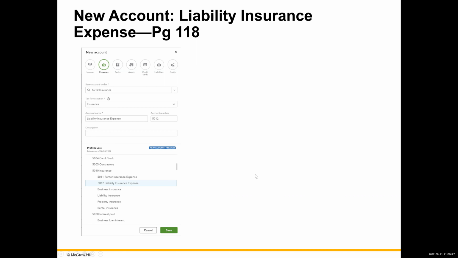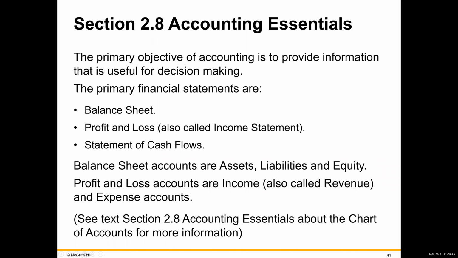All right. So in section 2-8, they talk to you about the accounting essentials, about what the primary financial statements are. We know them as the balance sheet and the income statement. Now you're going to find out that QuickBooks doesn't call the income statement the income statement. They call it the profit and loss statement, right?